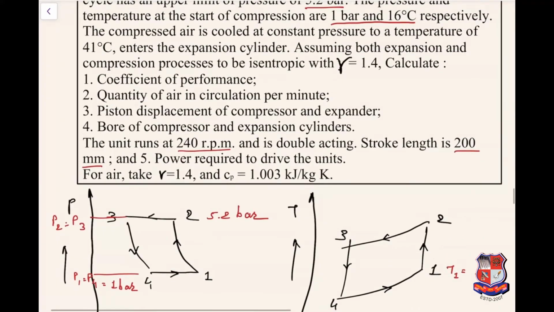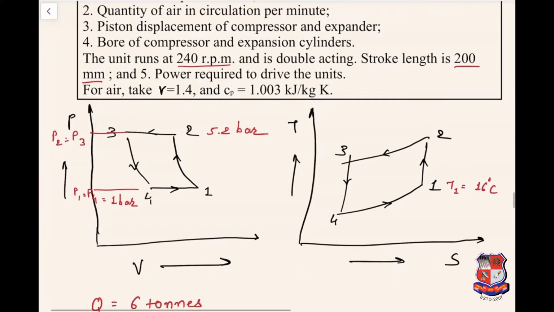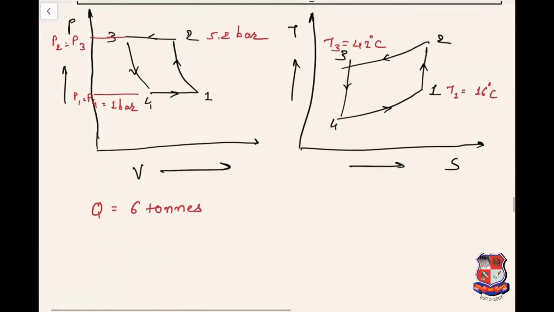Also the compressed air is cooled at a constant pressure to the temperature of 41 degrees Celsius, and after compression it is cooled up to T3, that is 41 degree Celsius. So these are the data given.